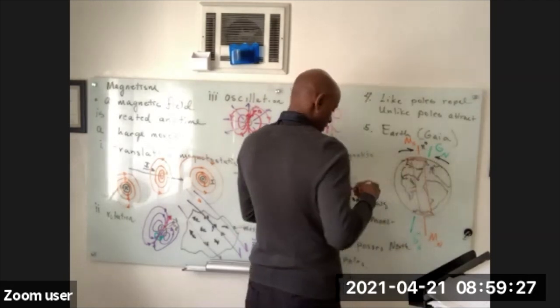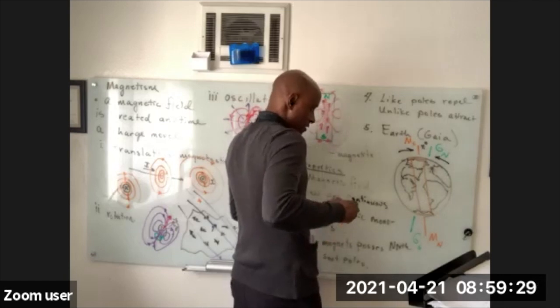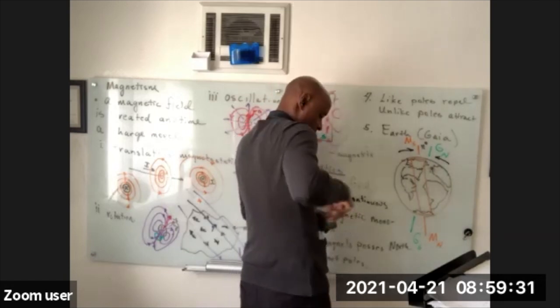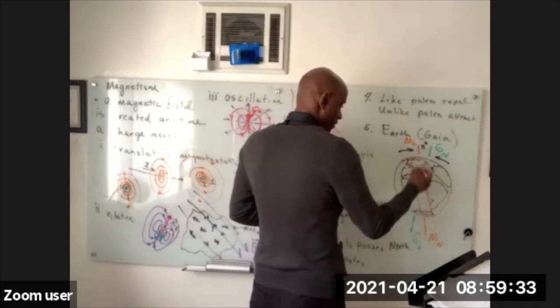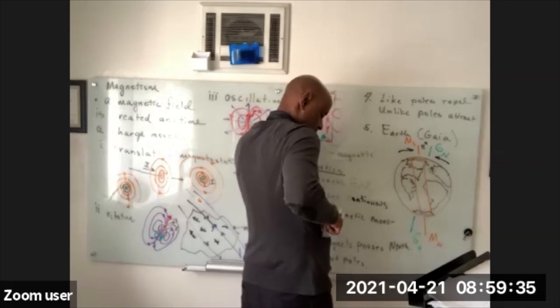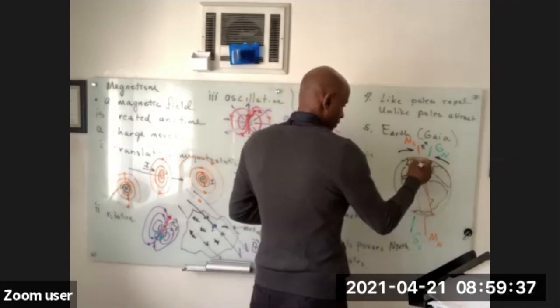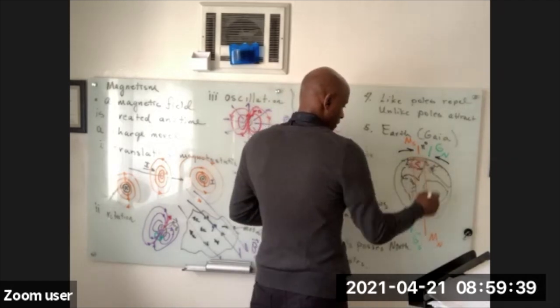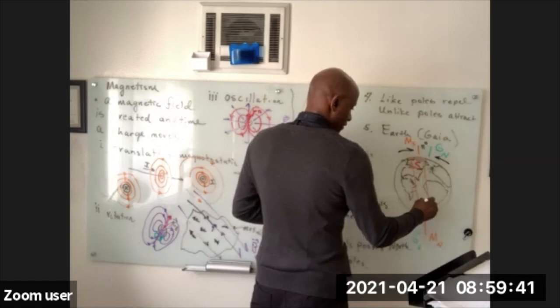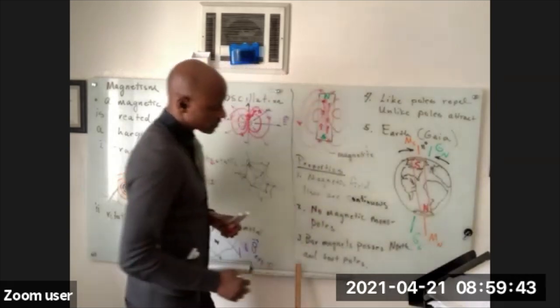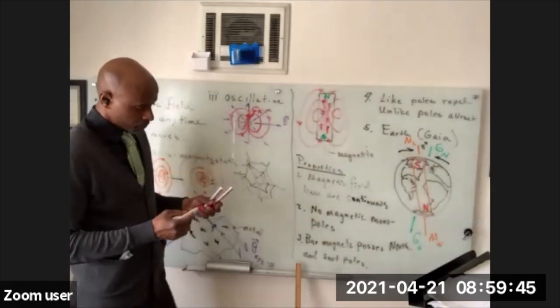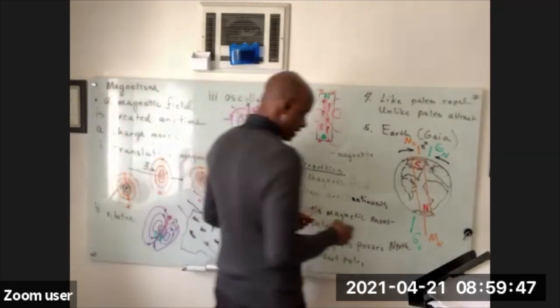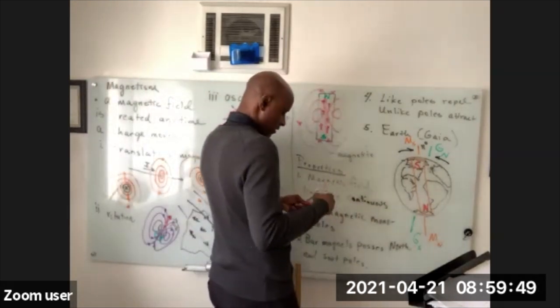So here we will have the South Pole up at the geographic North, and the North Pole, the North Magnetic Pole, at the geographic South. And that angle, as I said, is called the angle of declination.